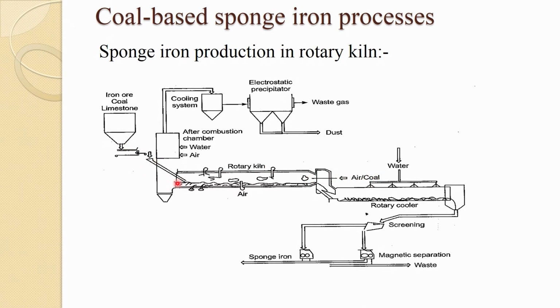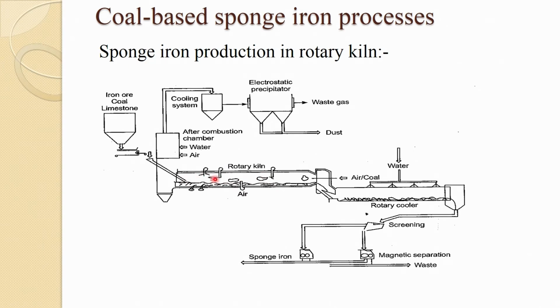So, this is the inlet side of the ore, this is the exit side. The air and coal are supplied, combustion occurs, and this heat gets transferred to the pellets, and slowly the temperature increases, and the reduction mostly occurs in this region.